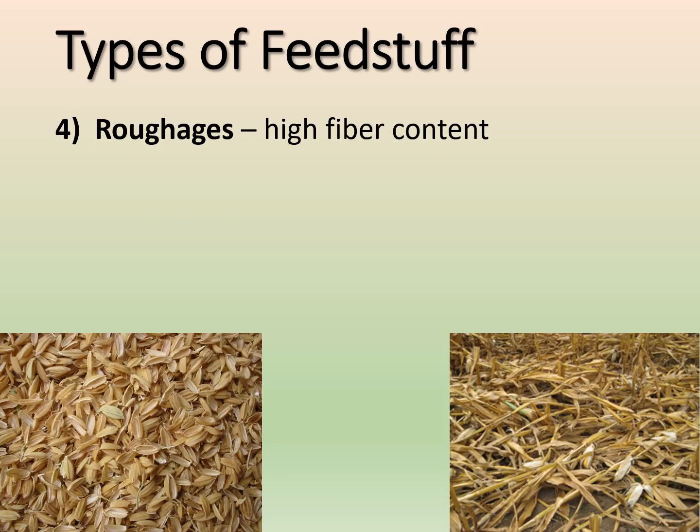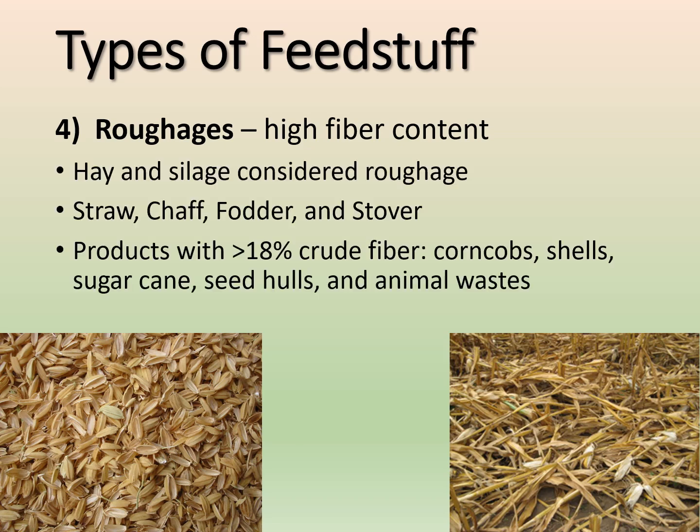Our next class is the roughages, and roughage just has a very high fiber content. Pretty much anything with greater than 18% crude fiber is considered a roughage. So our dry hays and our silage are considered roughage. Even higher fiber content would be the straws, chaff, fodder, and stover.